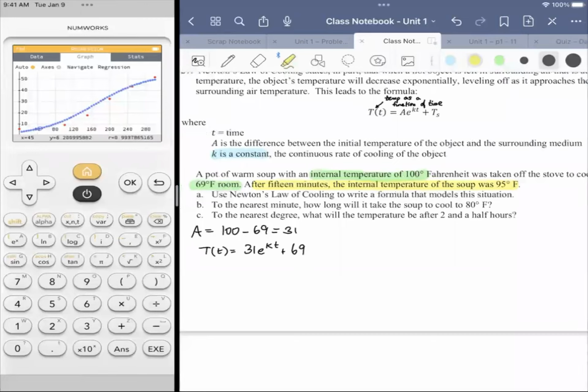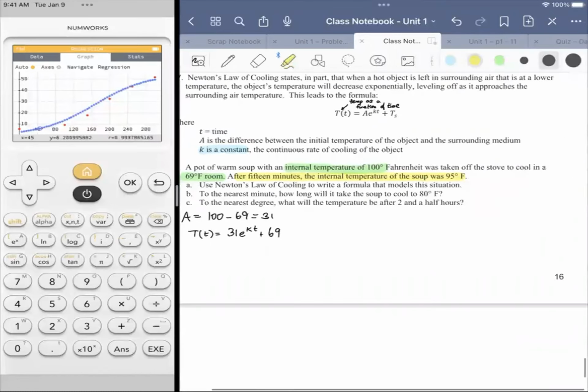Part C is saying what'll happen after 2.5 hours. So there's kind of a disagreement in terms of the units of time, so we will decide which way to go. When we say 15 minutes, we could say 15 minutes, or we could say 0.25 hours and work in the units of hours.